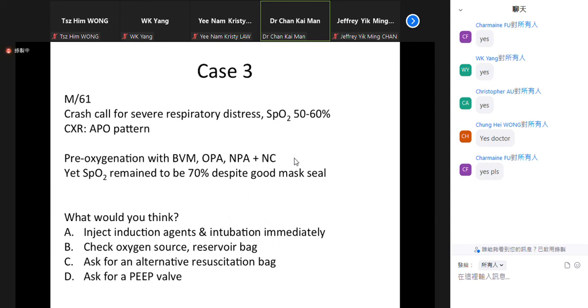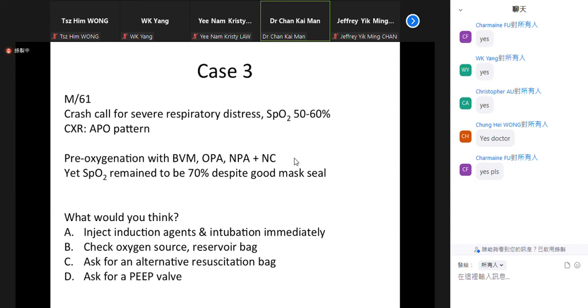He was pre-oxygenated with the bag valve mask, and to ensure airway patency, an oropharyngeal airway was put in, a nasopharyngeal airway was put in, and the nasal cannula was also maintained. But despite these maneuvers, the SpO2 still remained at 70%.